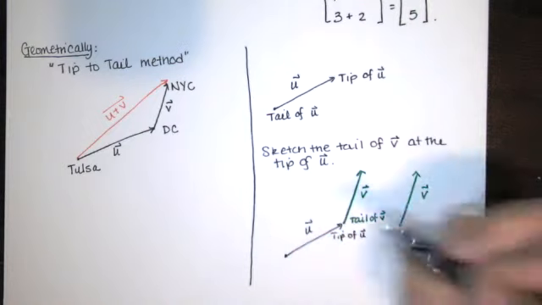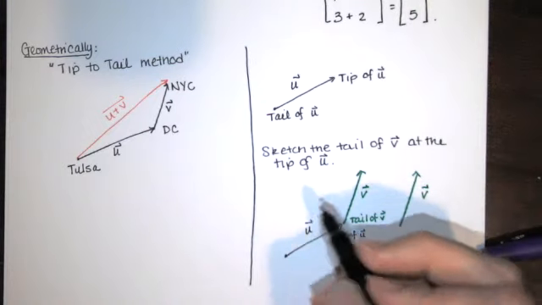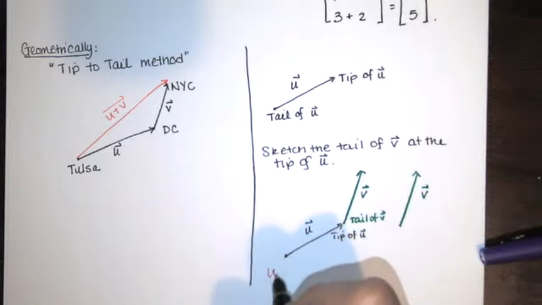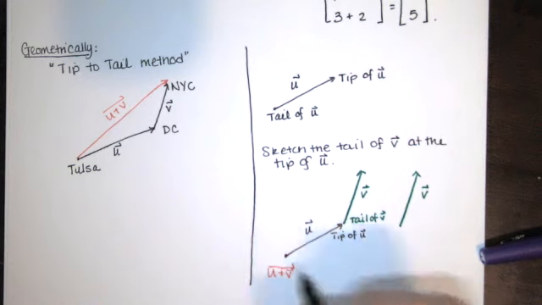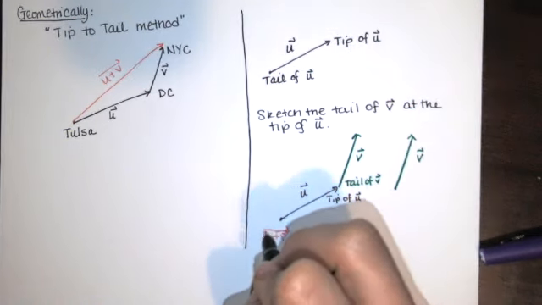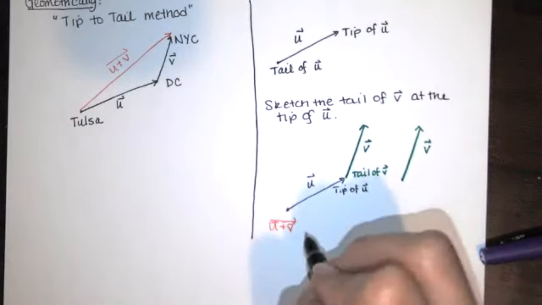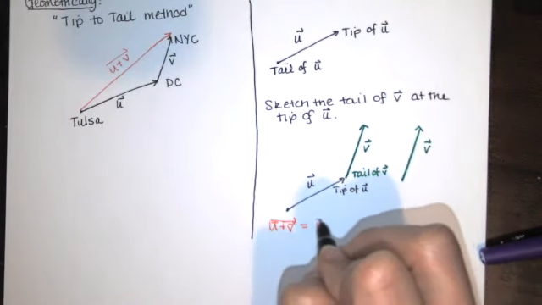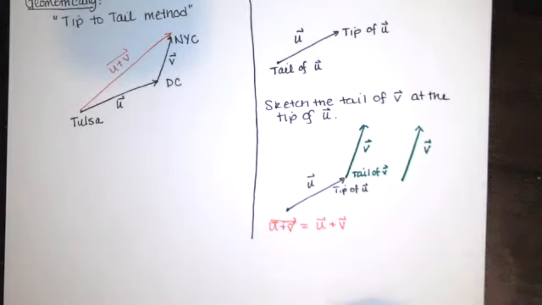When I add those together, the vector u plus the vector v is the new vector u plus v.